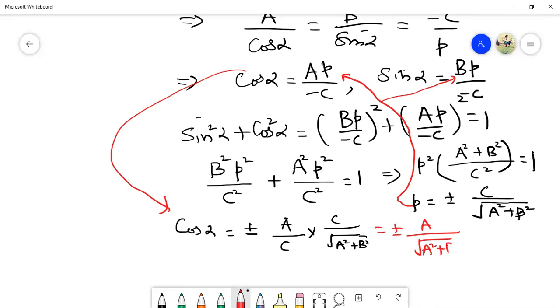This is the formula that we will use in the questions directly. How it came, you can understand this way. So sin alpha will be ±b/√(a² + b²).